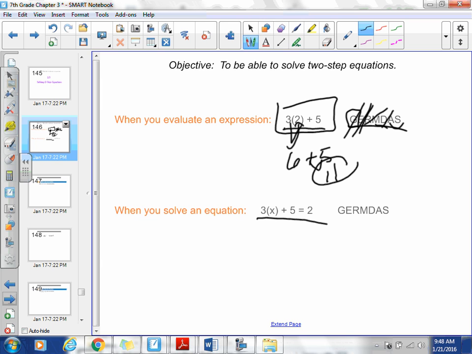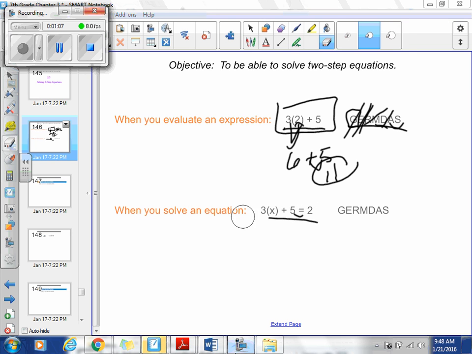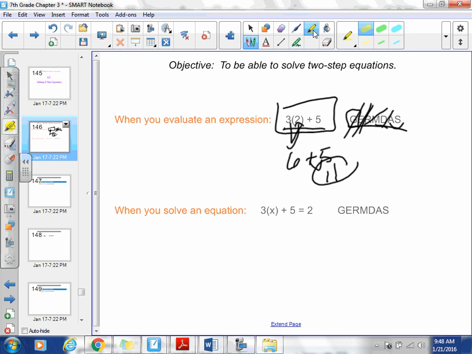Now, when we solve an equation, which does have an equal sign, we are not doing math, we are undoing math, because we are trying to get the variable alone. In this case, we're trying to get x alone, and operations have already been done to x. We're trying to undo them to get x by itself.